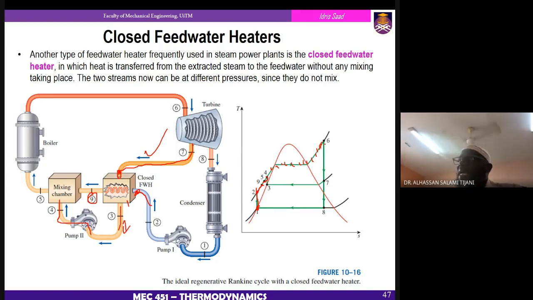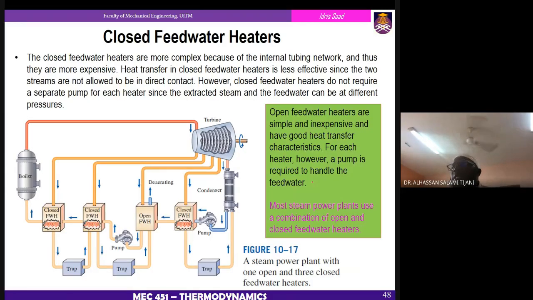And then eventually again, we have expansion in the turbine up to state 7, and part of it is extracted to state 3. Okay? And the expansion continues all the way to state 8 in this way. Okay? So this is also an example of closed feed water heater.